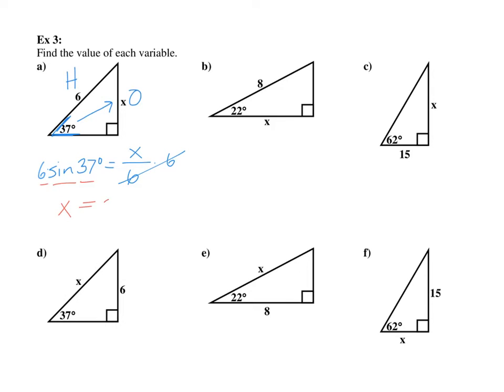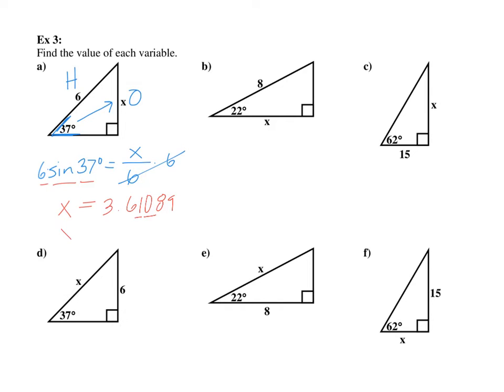X is equal to 3.61089 and so on. Okay, I want you to round your answers to the nearest hundredth. All right, so this is the thousandths place, and it's less than 5, so this stays 1.